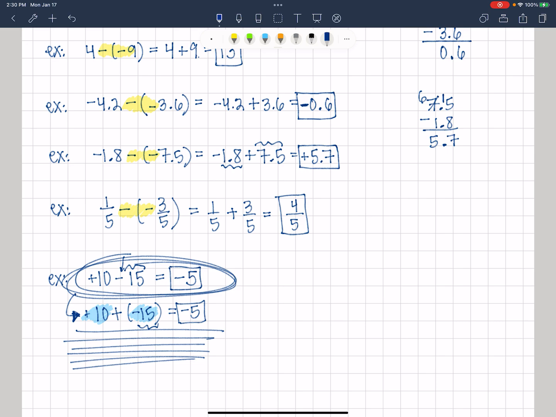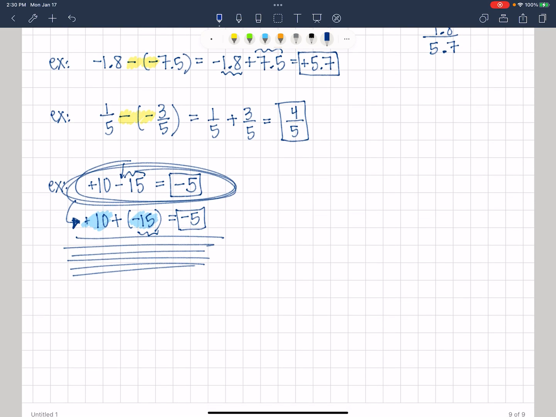Now, in some of these homework problems, we're dealing with variables already. So let me just show you an example where we're dealing with some variables. 4x minus 7x. That's the same thing as 4x plus -7x.